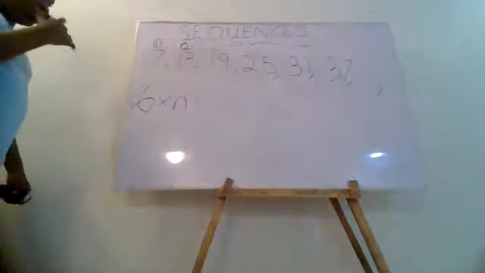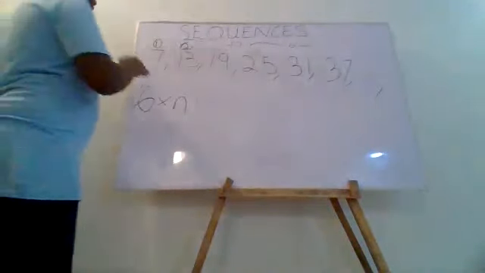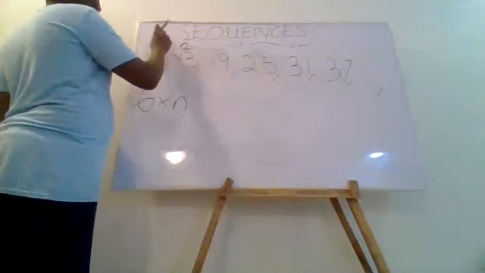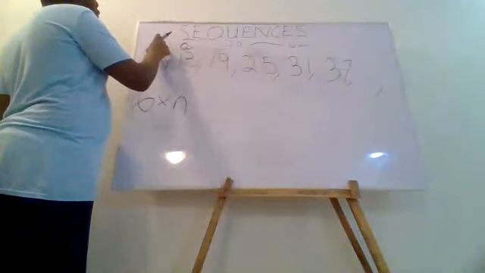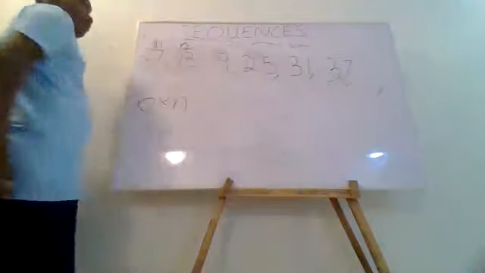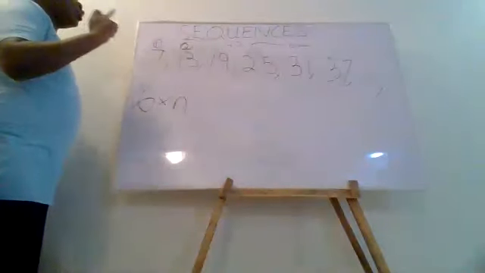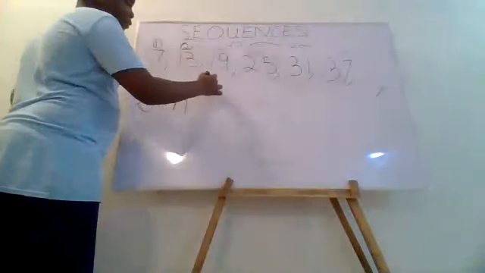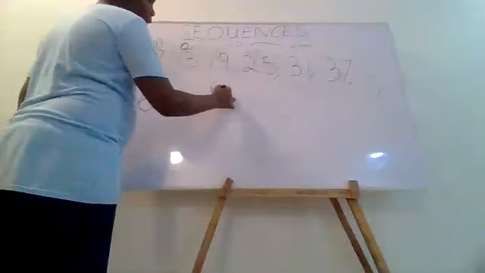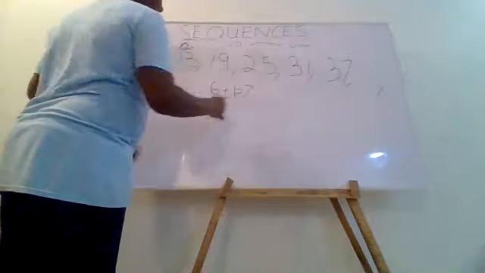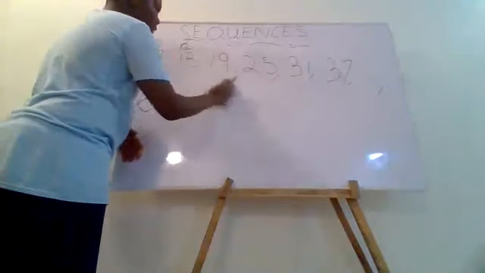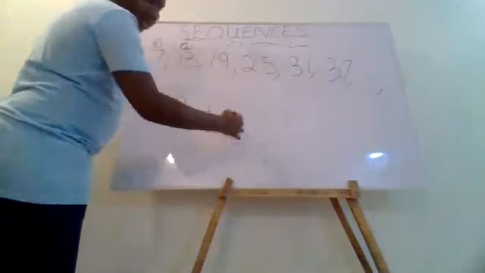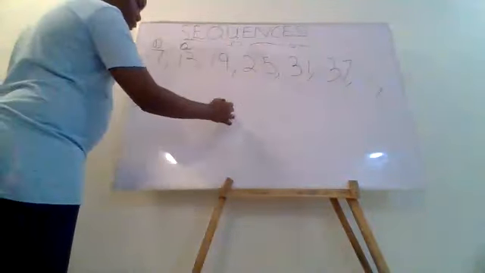Now we do the simple calculation. 6 times 1 is equal to 6. But in this, the first term is 7. That's false. Now to make it true, we know what to do. If 6 times 1 is 6, then we know for sure 6 plus 1 is equal to 7. So now the new position to term rule is 6 times n plus 1. That's the new position to term rule.